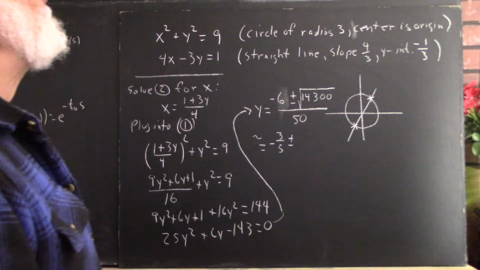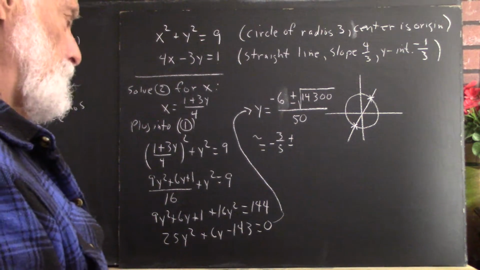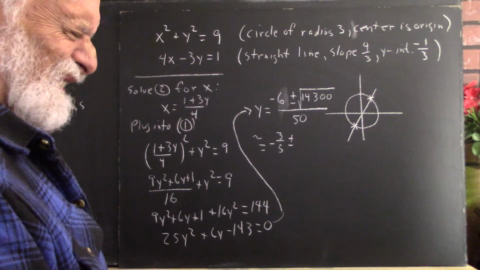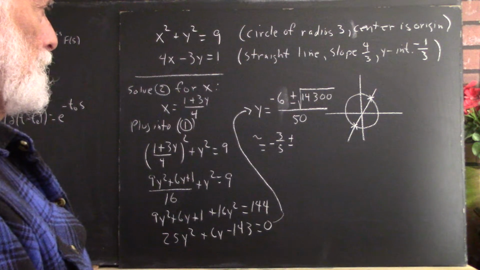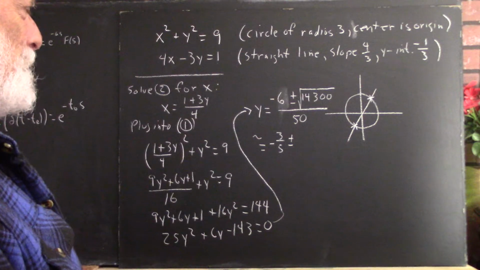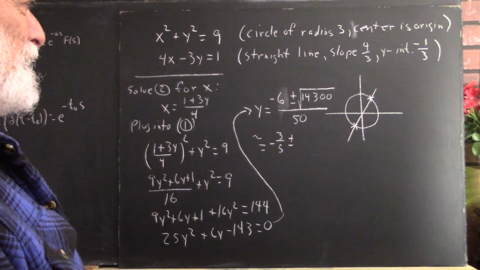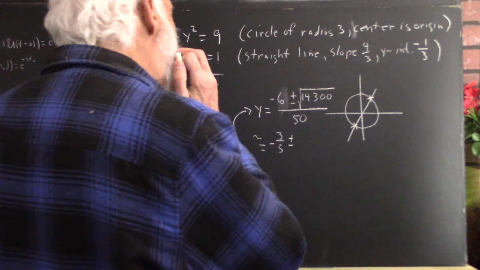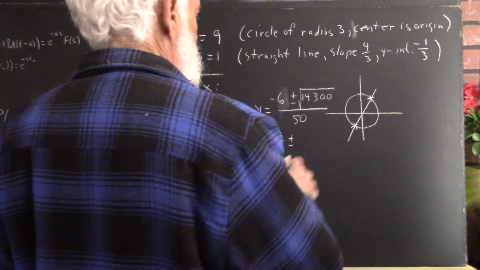Okay, let's see. 11 squared would be 121, so that would be like 120 be like 115. That would be 119 and a half. Okay. 119 and a half divided by 50.